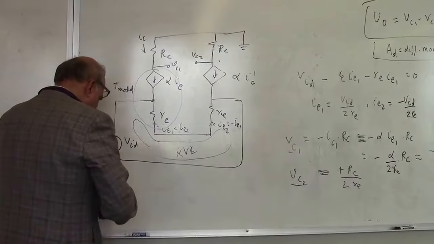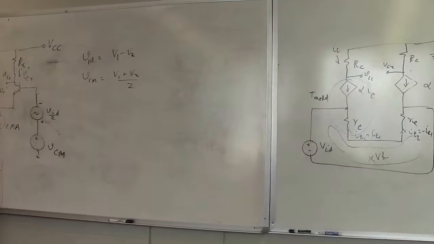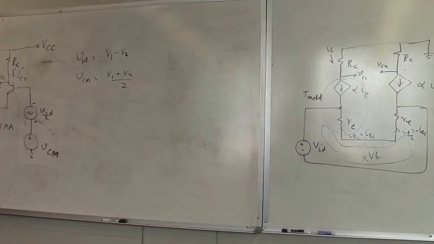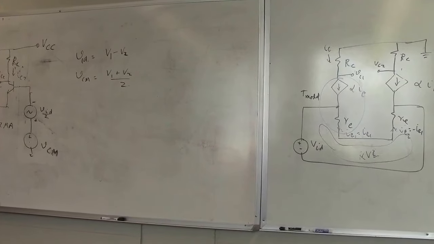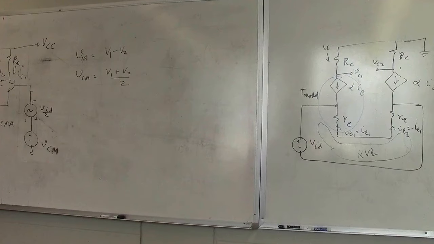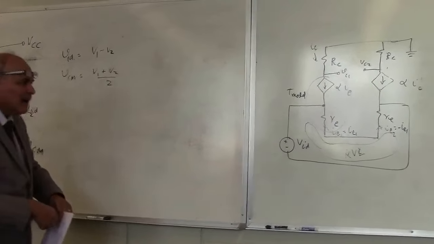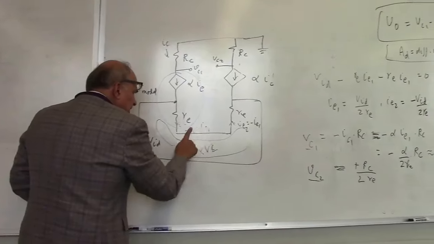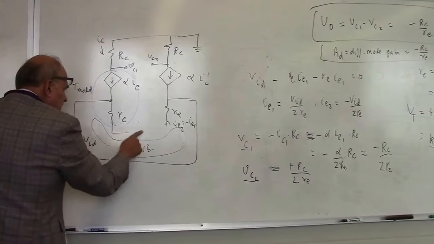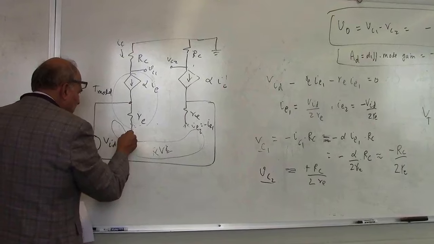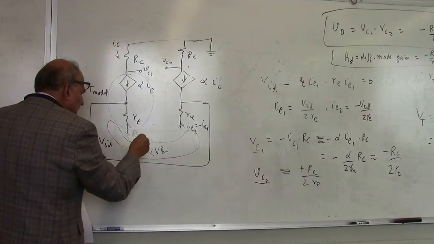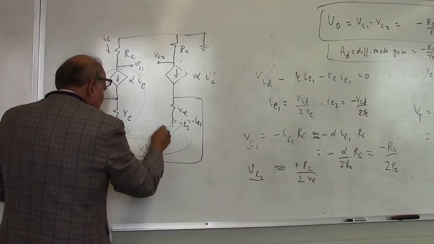So what we would do then is purposely add here some external resistance, call it capital RE.